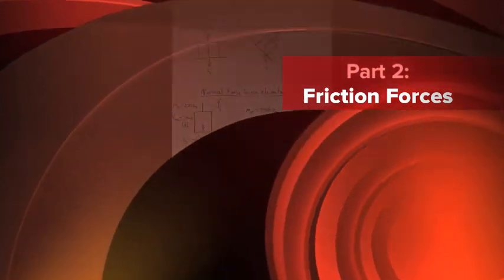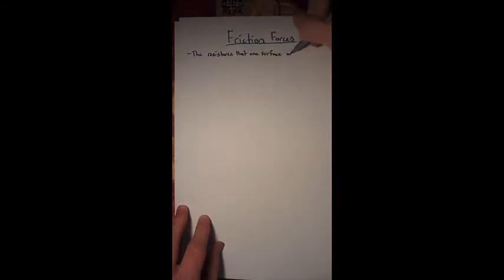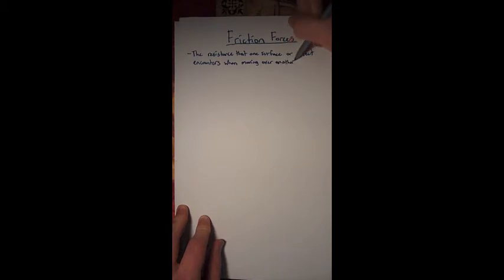Part 2. Friction forces. Friction is defined as the resistance that one surface or object encounters when moving over another. There are two different kinds of frictions, static and kinetic.